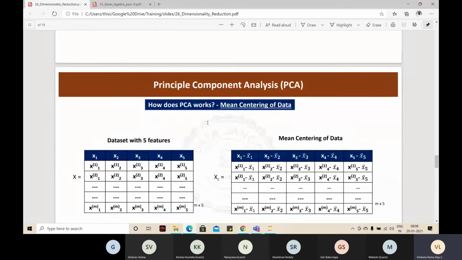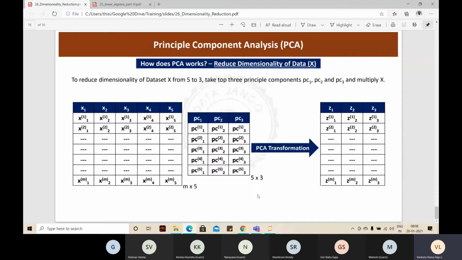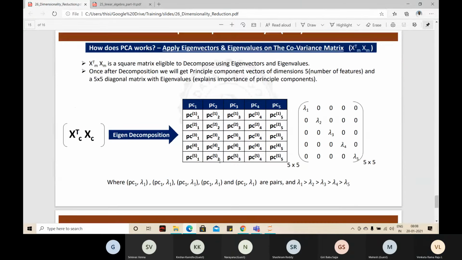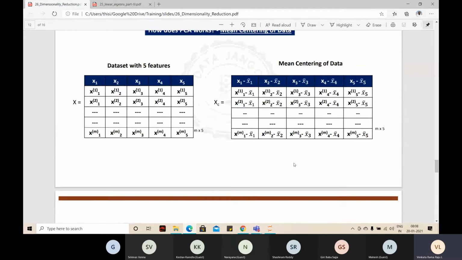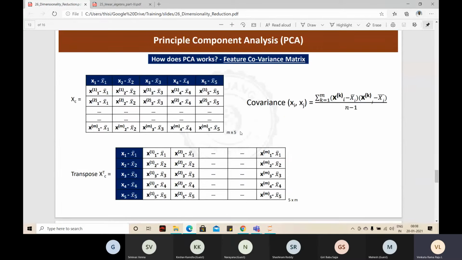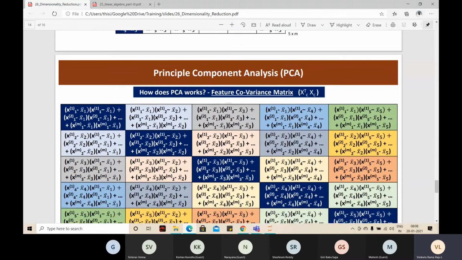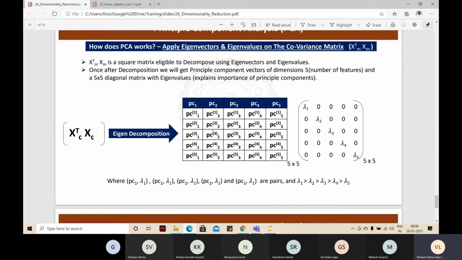This whole thing, from here till here, that whole thing is done in fit transform. This operation is transform. From here it is all fit. Doing mean centering, then calculating transpose, then actually trying to calculate X transpose XC, and then finding out principal components.